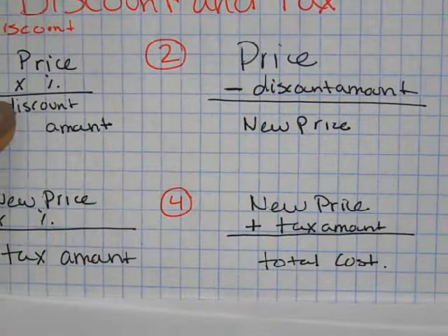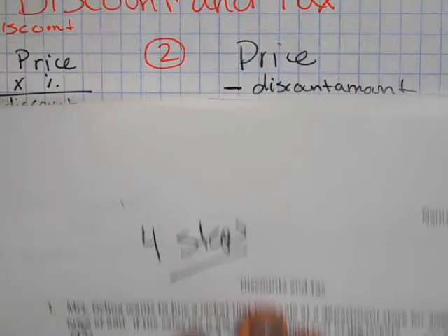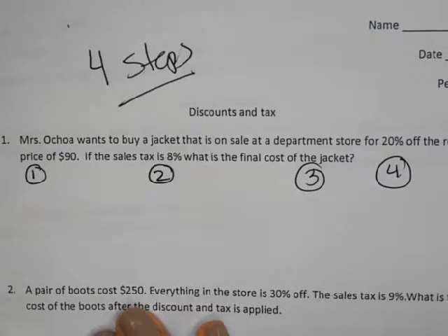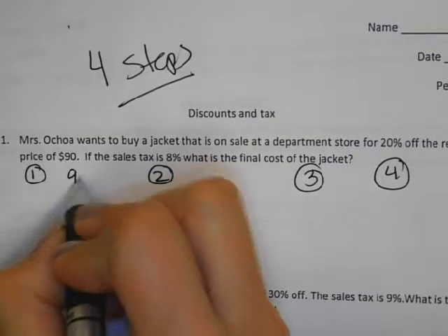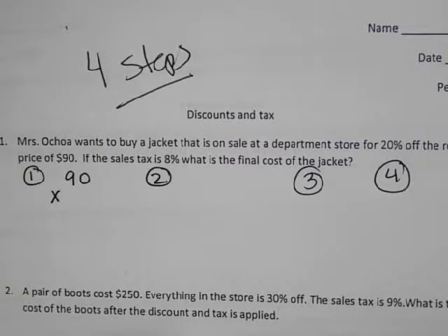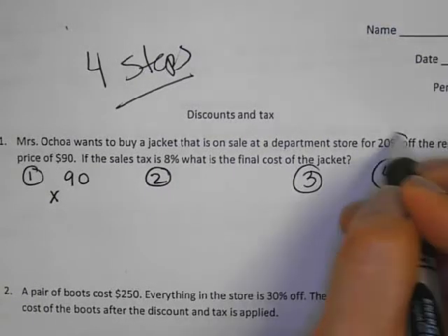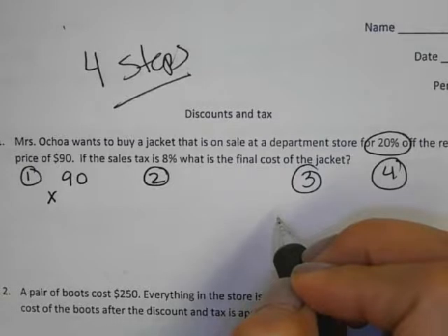All right, so here we go. First step, price times your discount. What's my price? 90 times what? 20%, which is what decimal?